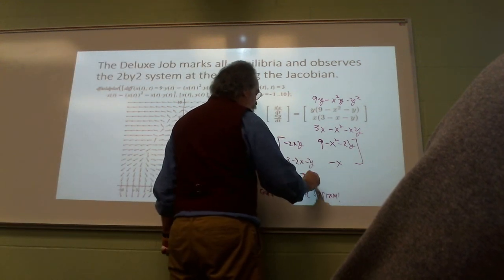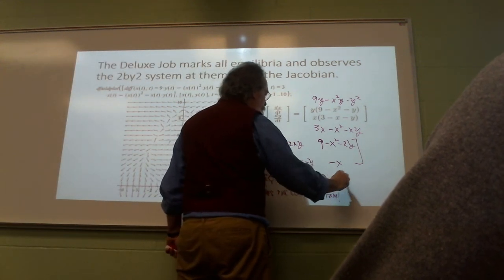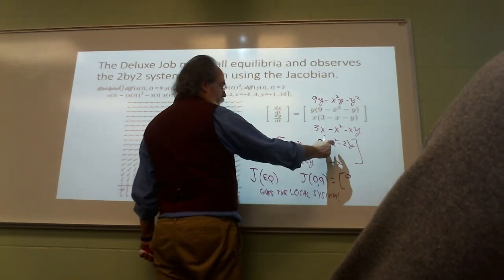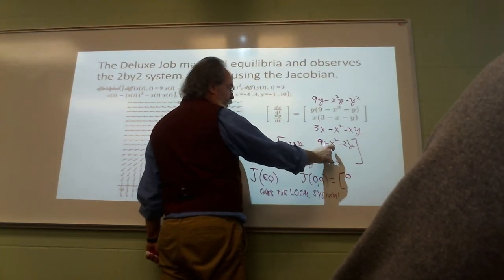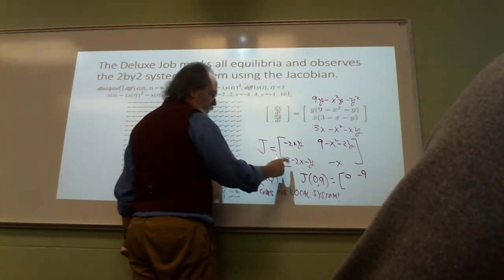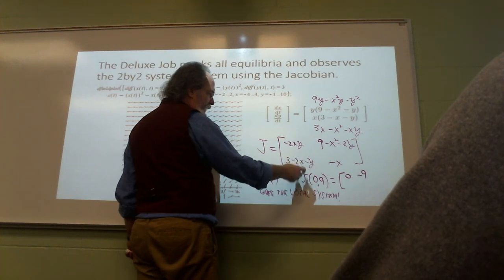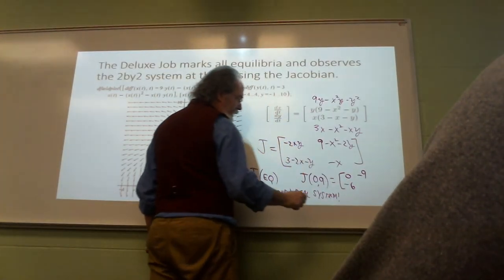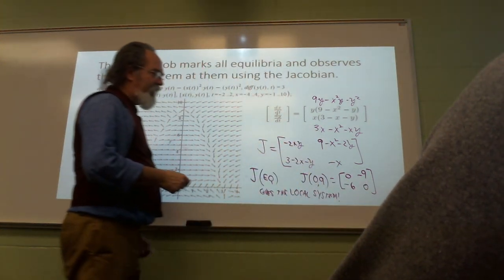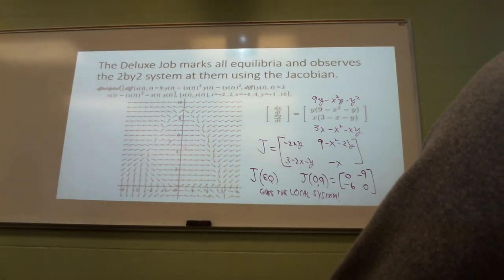So let's try (0, 9). The Jacobian at (0, 9) gives me the following: 0, 9 minus 0 minus 18 is negative 9. 3 minus 0 minus 9 is negative 6, and 0. That one is, I think, two real distinct roots.